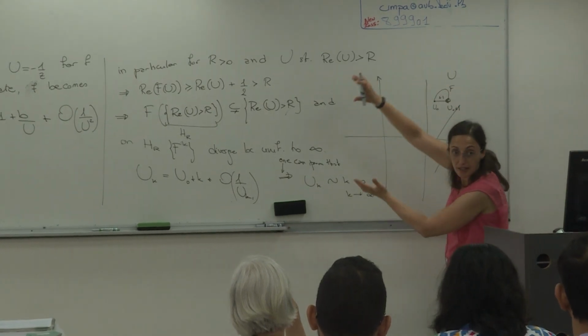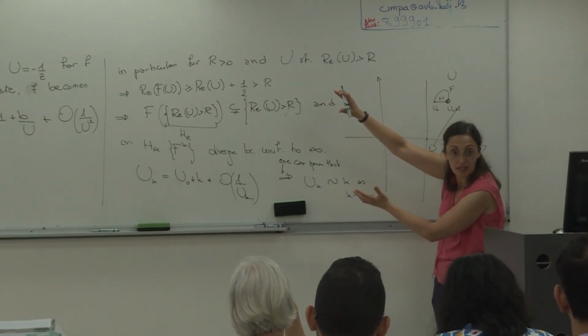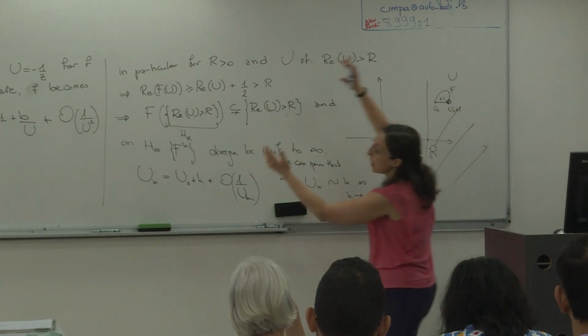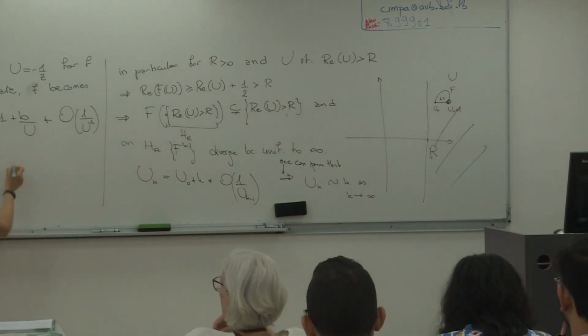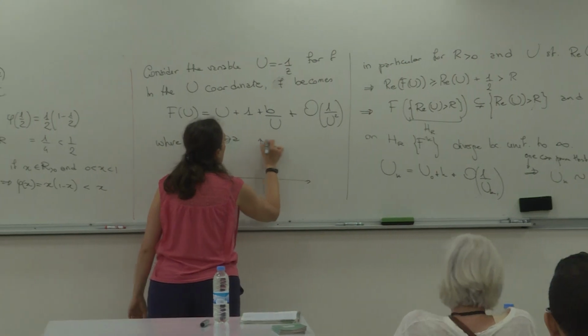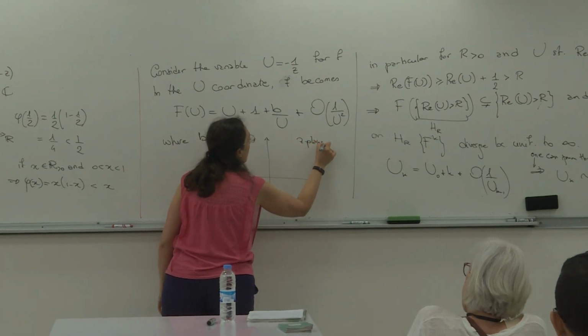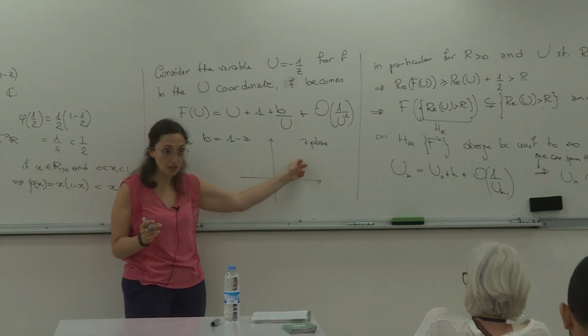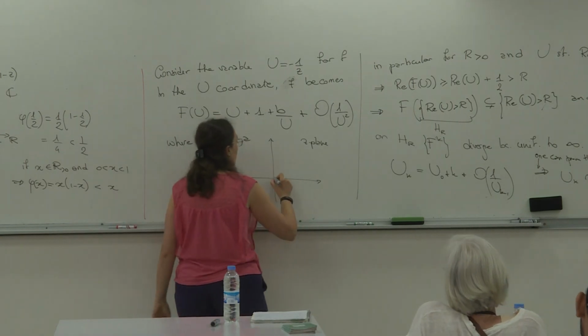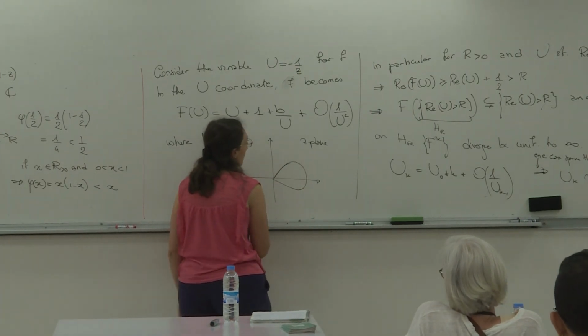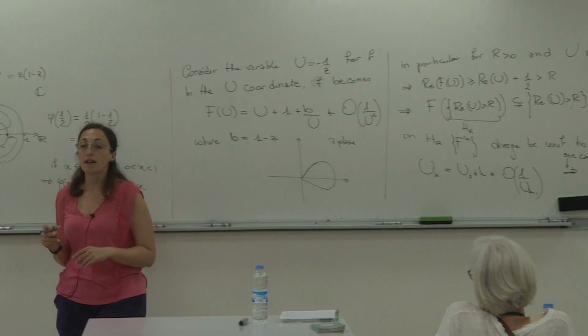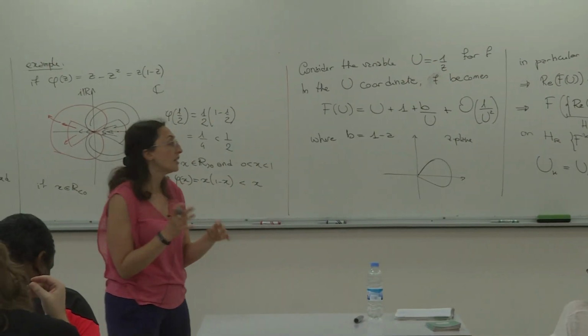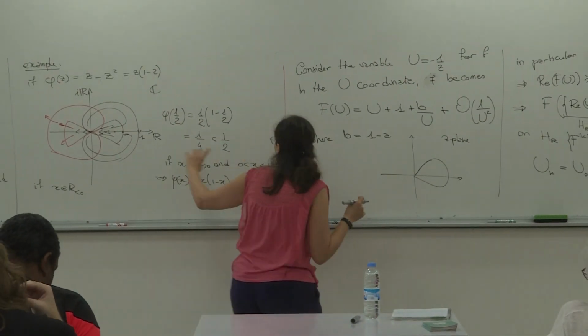Now we go back. Okay? We go back to our original z plane. So this was the z plane. All right? And so this is going to give us some sort of open set.